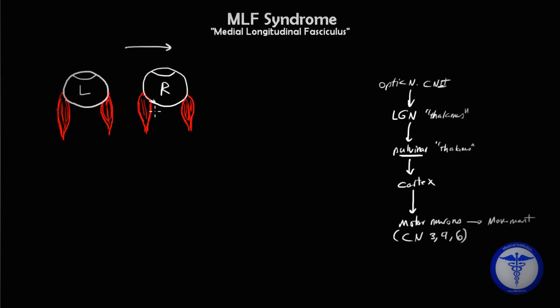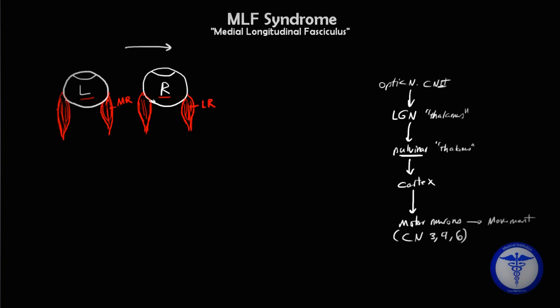So in order for both eyes to move into the right direction, we're going to use two different groups of muscles. We're going to use the lateral rectus of the right eye and the medial rectus of the left eye.